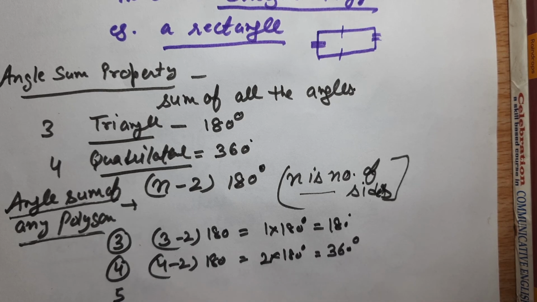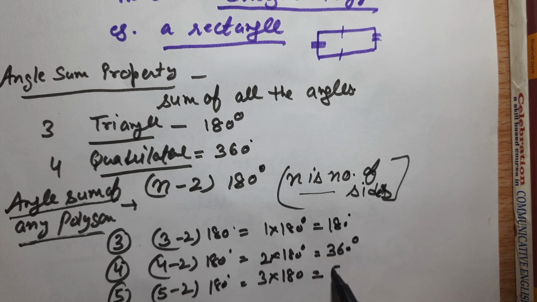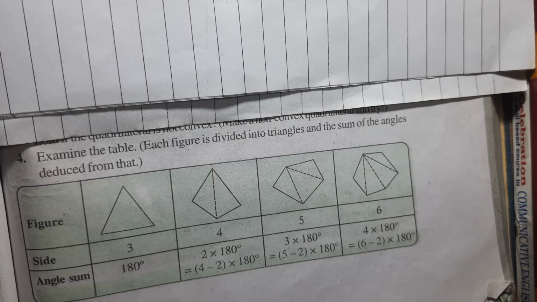If a polygon has 5 sides, 5 minus 2 into 180 degrees, that is equal to 540 degrees. So the angle sum of a pentagon is 540 degrees. Similarly, we can find the angle sum of any of the figures.